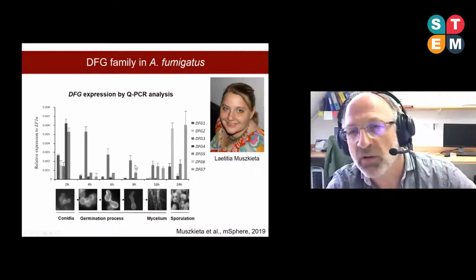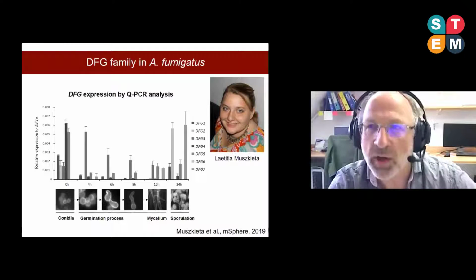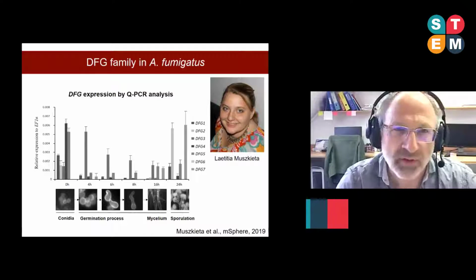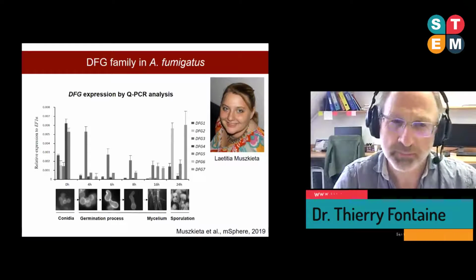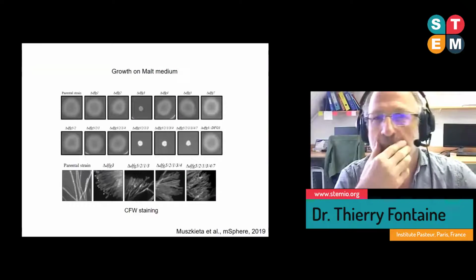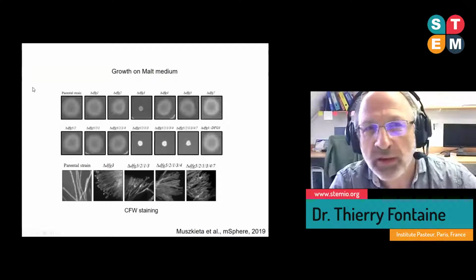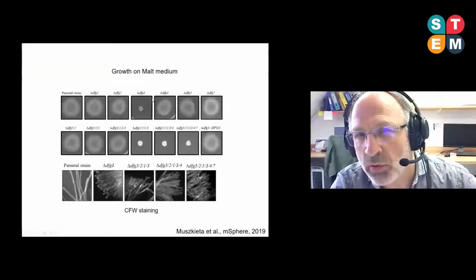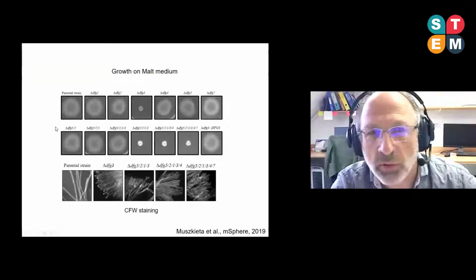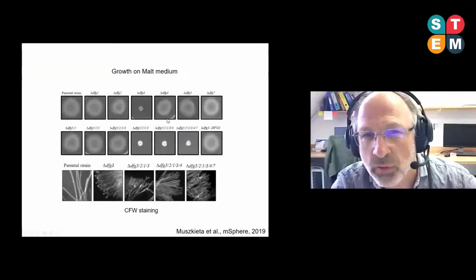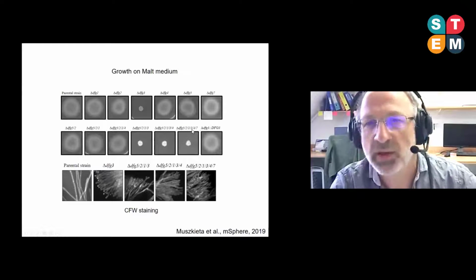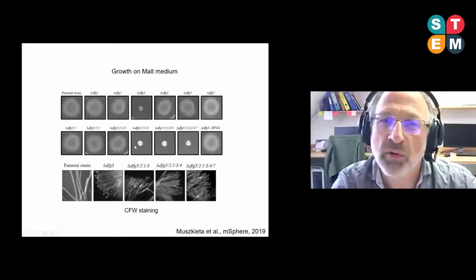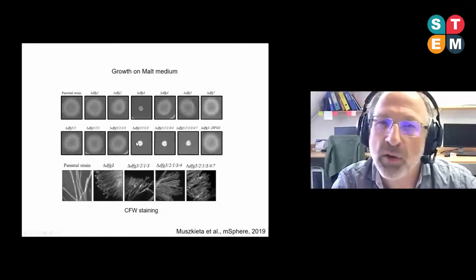Laetitia constructed single mutants and also multiple mutants to investigate the function of these genes. Among the single mutants, only DFG3 shows a growth defect, and among the multiple mutants, only those containing the DFG3 deletion also have a growth defect.